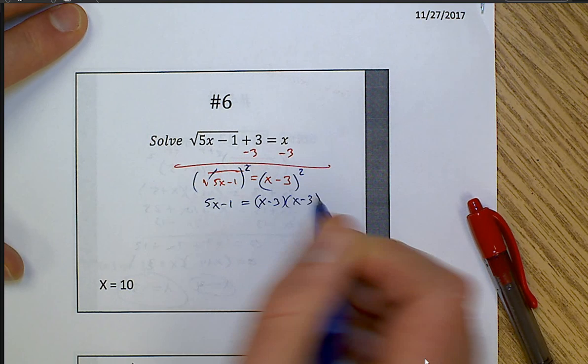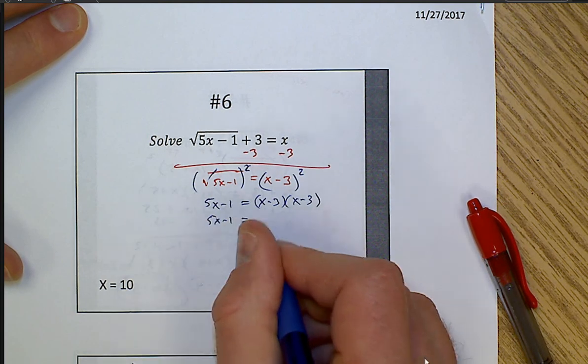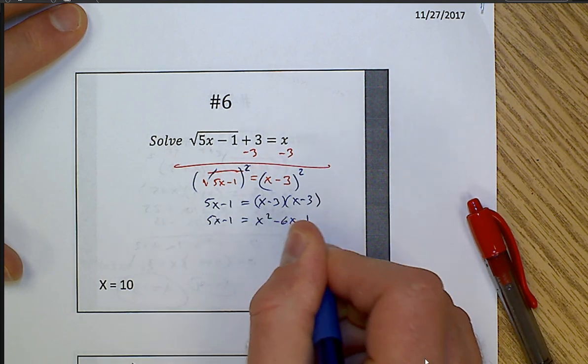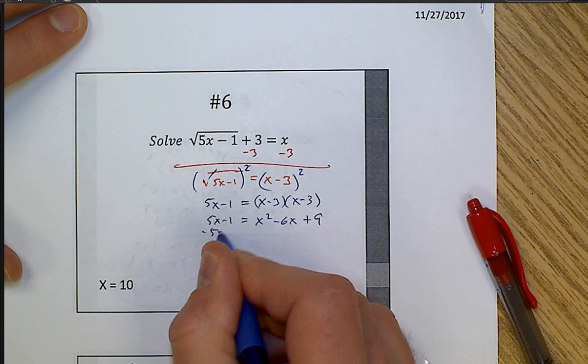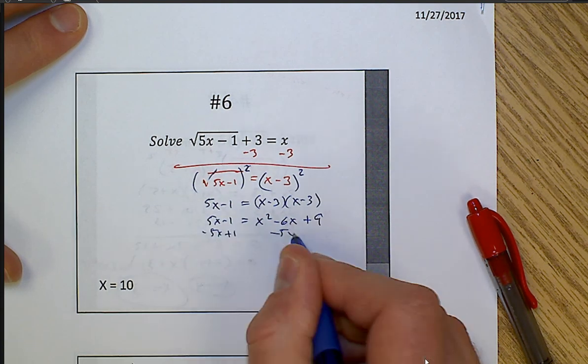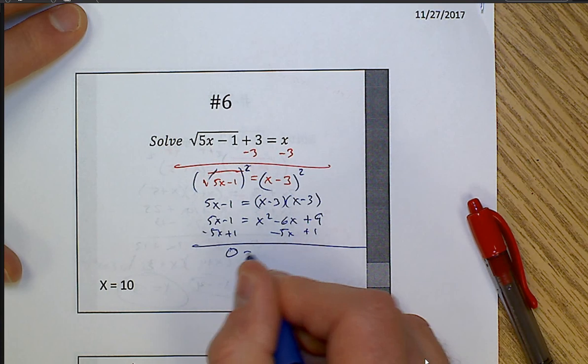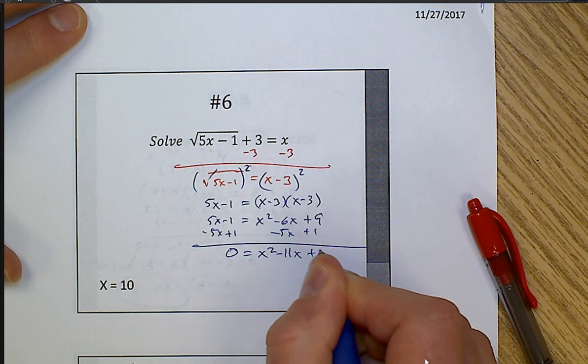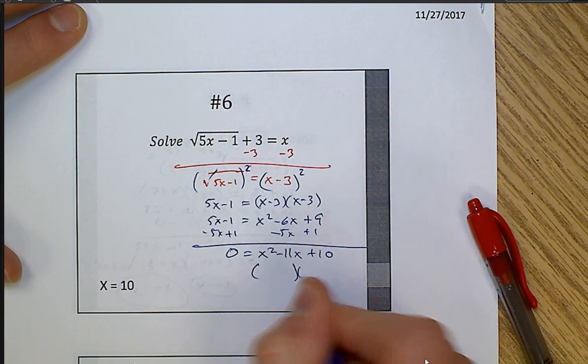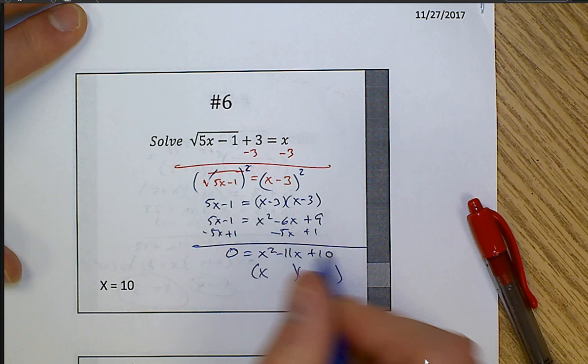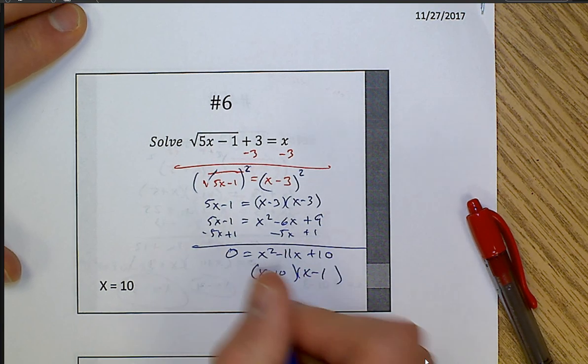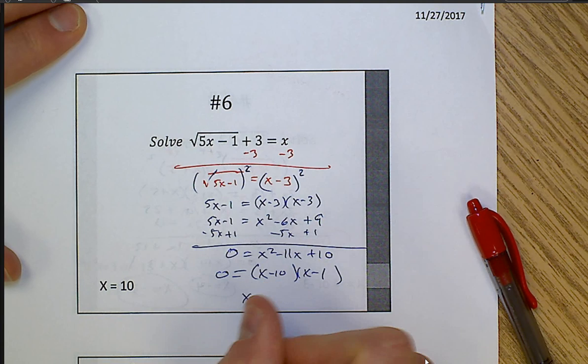And so you get 5x minus 1 equals x squared minus 6x plus 9. Subtract the 5x and add 1, so I get 0 equals x squared minus 11x plus 10. And so I'm going to factor this into x minus 10 and x minus 1 equals 0. Then I get x equals 10 and x equals 1.